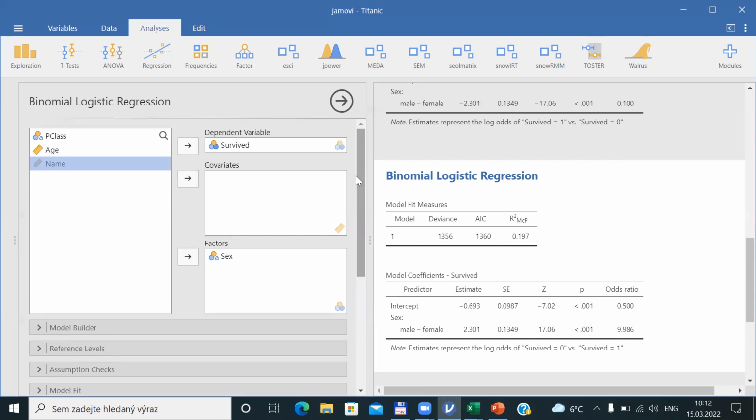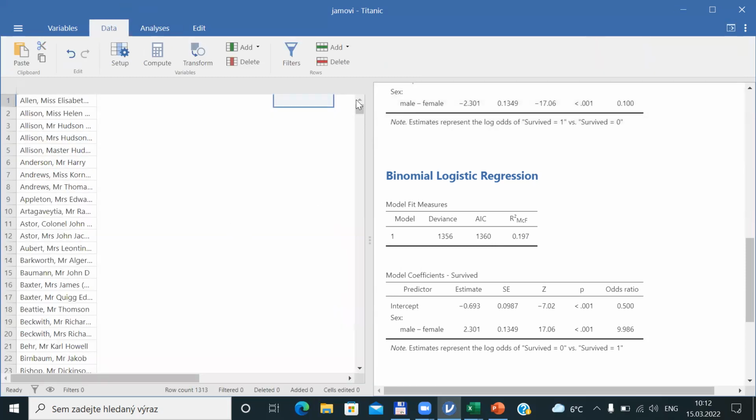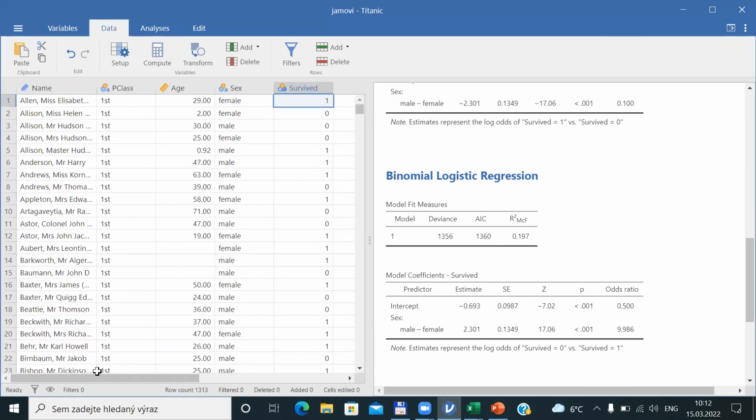And the next step would be quite straightforward. If I go back into my data matrix, I can add some more predictors. So I can once again answer the question whether there were the same probabilities or odds for people from different classes. And we have two competing hypotheses here about the impact of age, whether older or younger people were preferred during the evacuation.